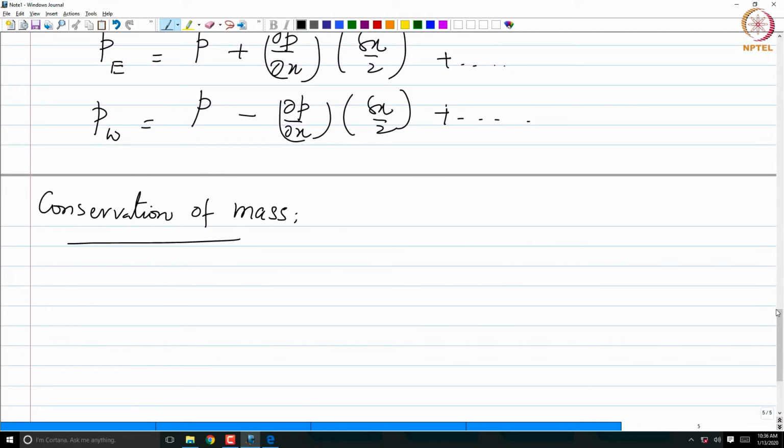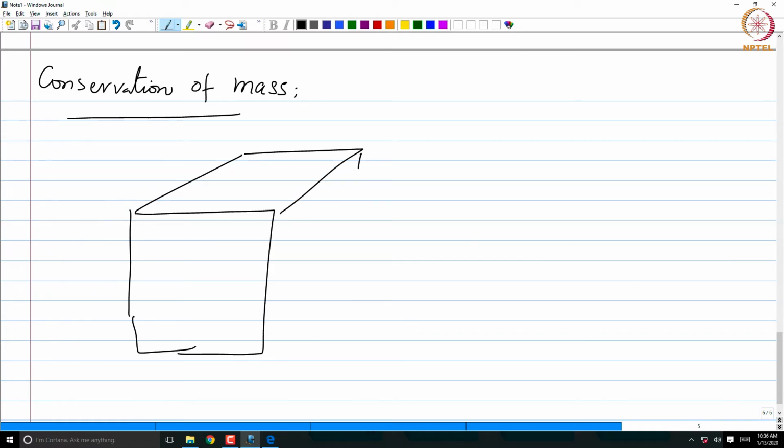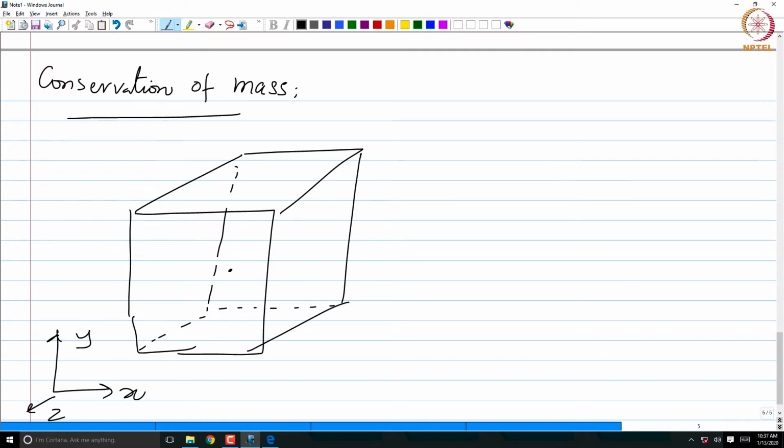We say that if we have a fluid element, something like this, with x, y, z, the mathematical statement of conservation of mass is that the rate of increase of mass within this fluid element should be balanced by the net rate of mass that is entering through the faces.